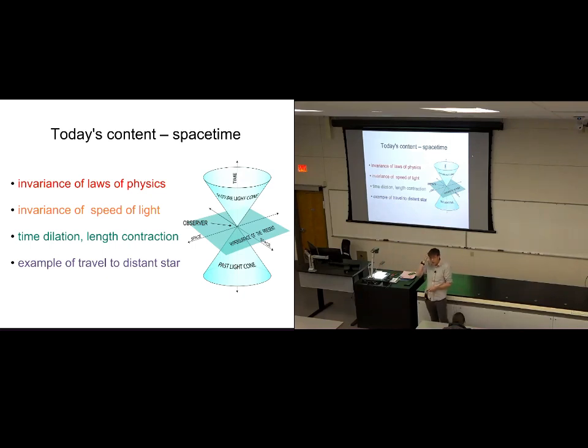Then we're going to look at a famous illustration of relativity, an example about space travel from Earth to some distant, far off location in outer space. We're going to go to a star that is 4 light years away, and we're going to explore that trip. So that's the plan for today.